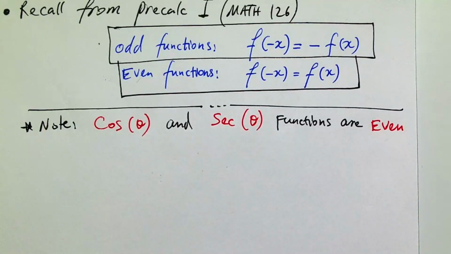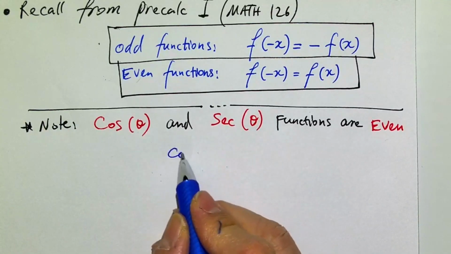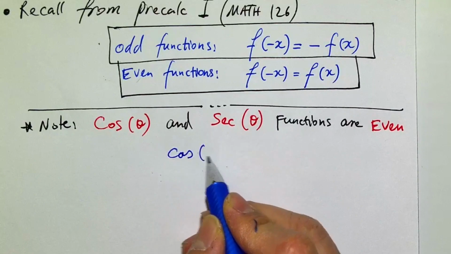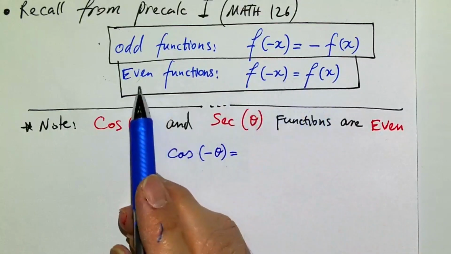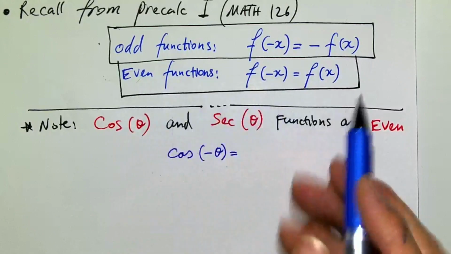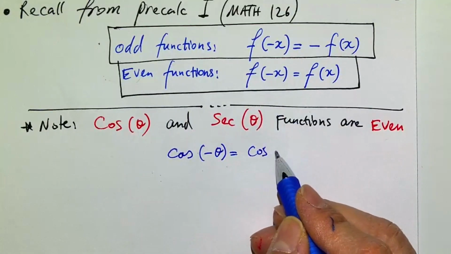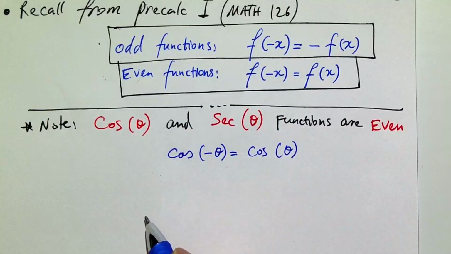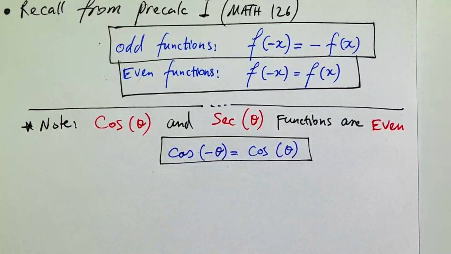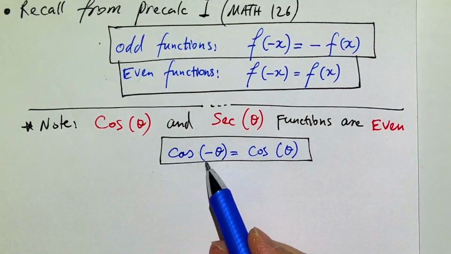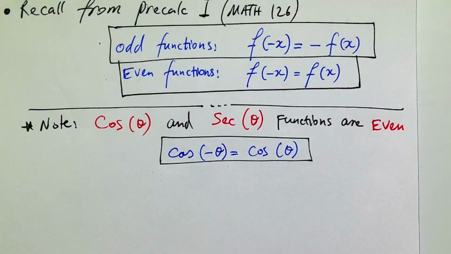So therefore, cosine of minus theta is equal to, just like the even functions in algebra, cosine of theta. Okay? That's one thing we should know. And the secant function, which is the reciprocal of the cosine function, and vice versa.